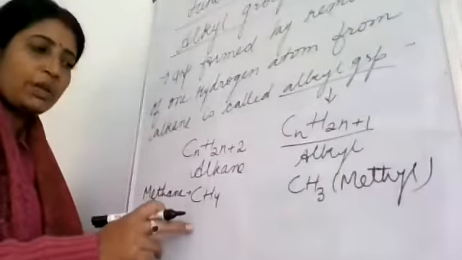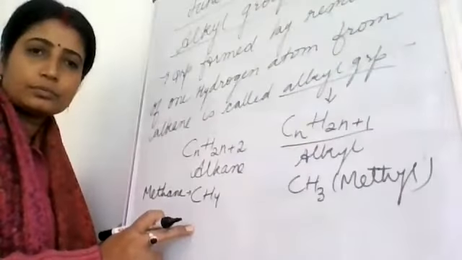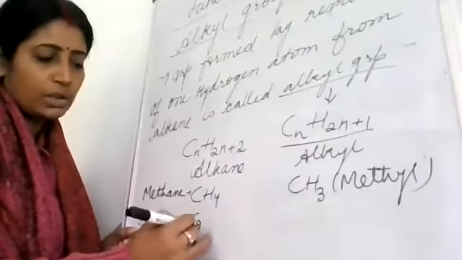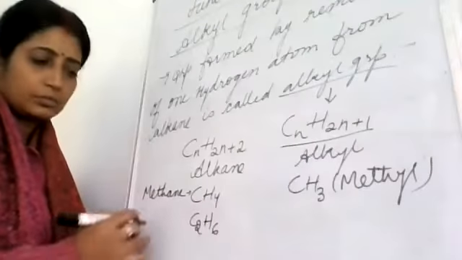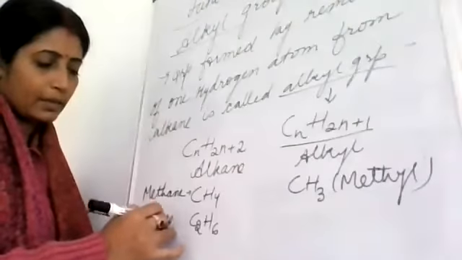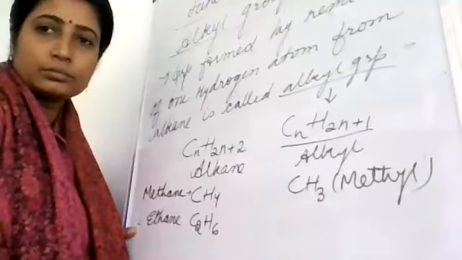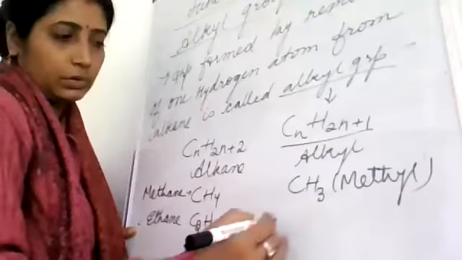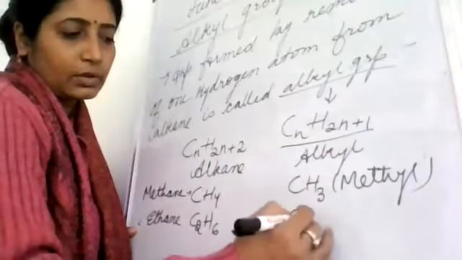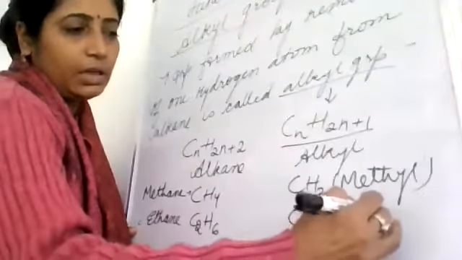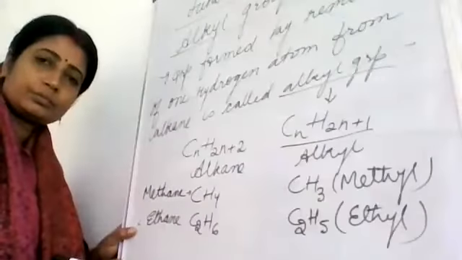Methyl. So what is the second member of the homologous series? C2H6. Very good. C2H6. And what is its name? Ethane. So what will the alkyl group be? Ethyl. Formula? C2H5. It will be ethyl. Then next?